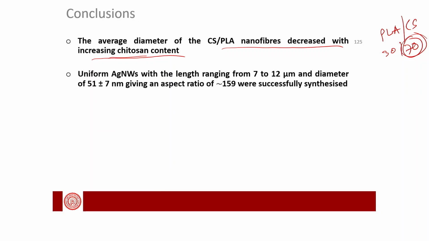Then, uniform silver nanowire was developed, with length ranging from 7 to 12 micron and diameter 51 plus or minus 7 nanometer, with an aspect ratio of 159. That nanowire was developed successfully.